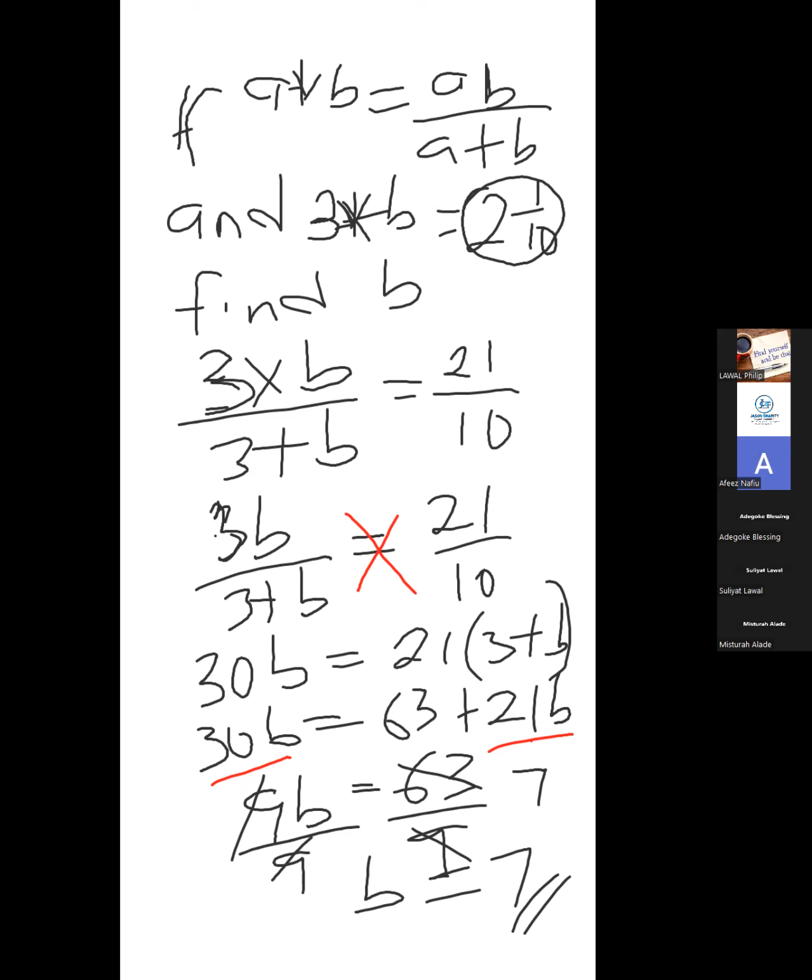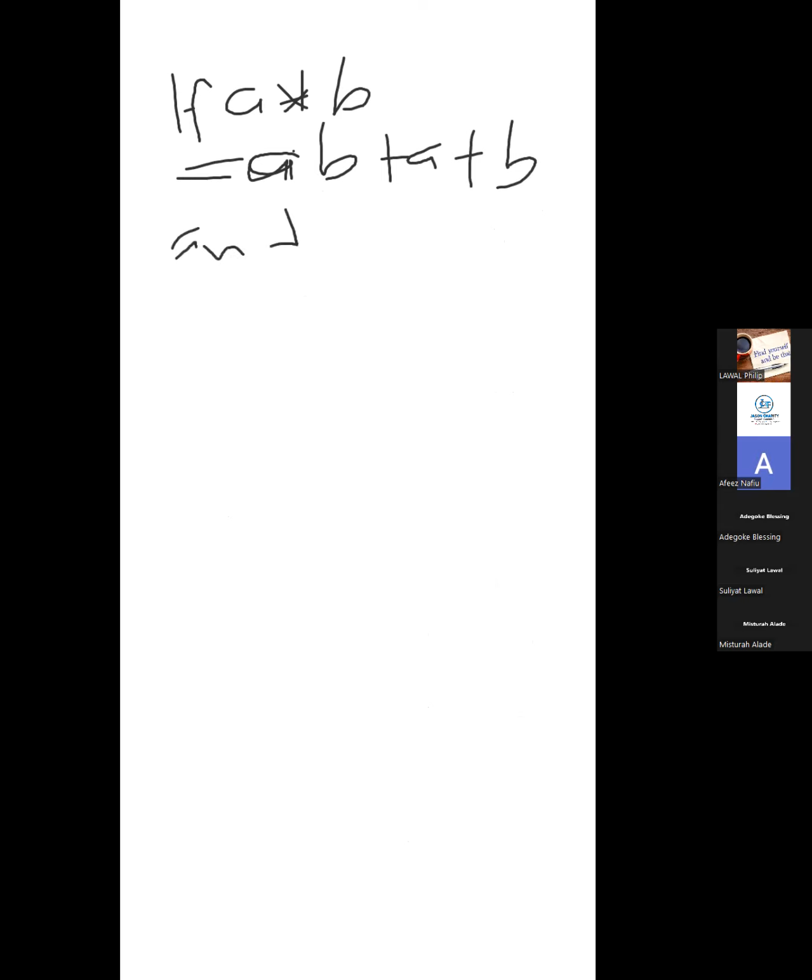Okay. You can try this on your own. If A star B is given as AB plus A plus B, and let's say 3 star B is equal to 23, find B. I just want to give you something similar to what I've just done.